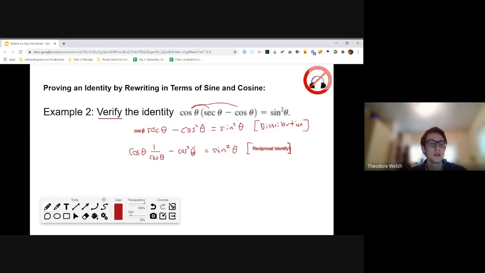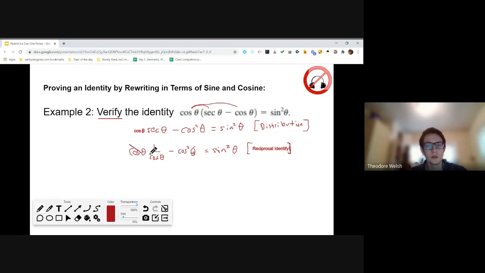Okay, that makes sense. At this point, we can cancel out our cosines here to get just 1, because that's cosine over 1. So I have 1 minus cosine squared equals sine squared. For my description here, I could say simplify fraction.